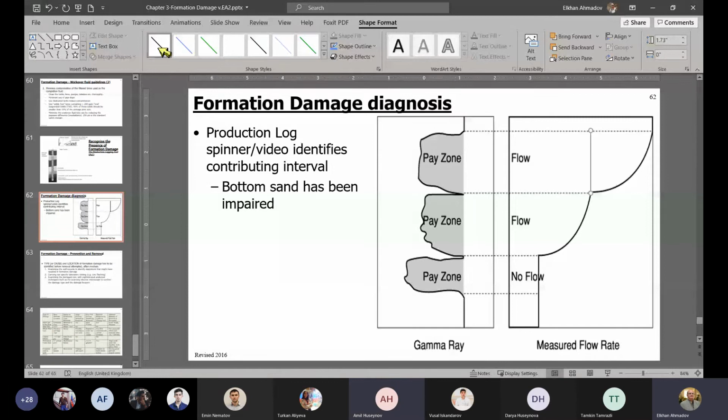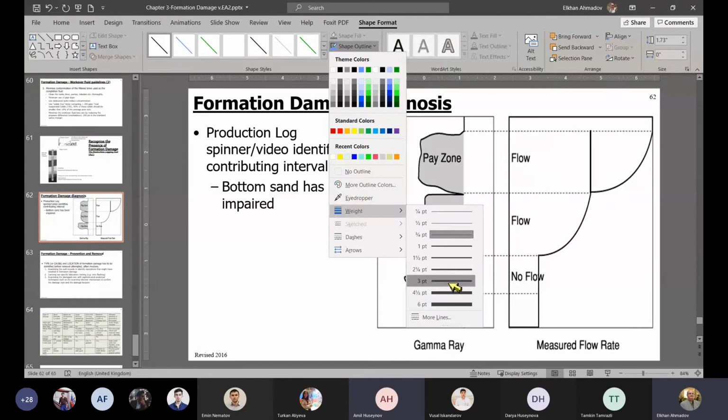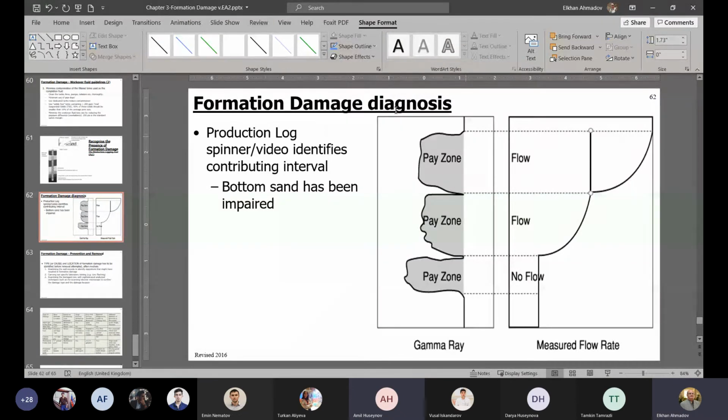I have also one question. If there are two phase zones and they have flow, but there is one zone in between these two zones that does not have any flow, can it detect it also? Yes, the same principle. For example, we have this zone.